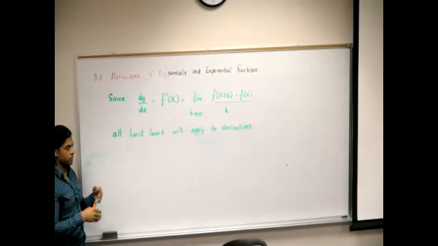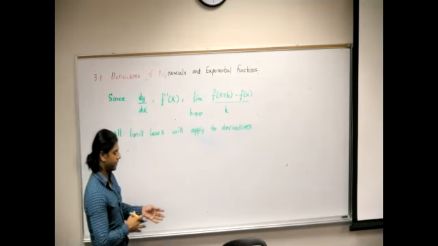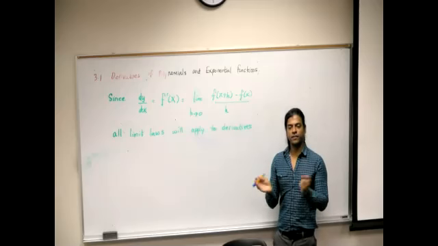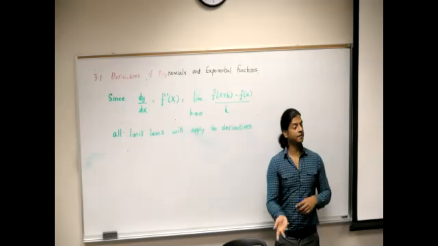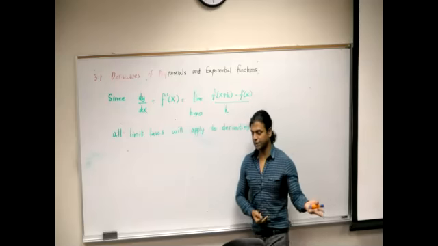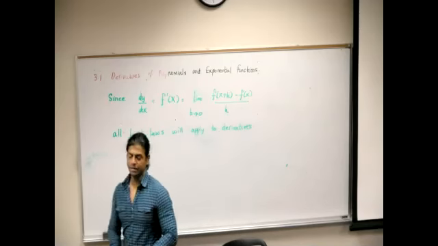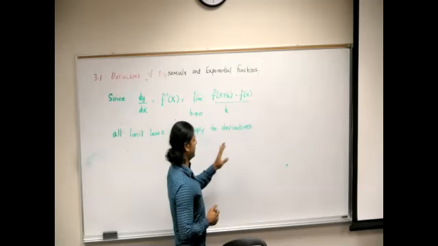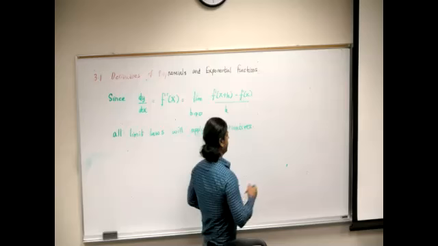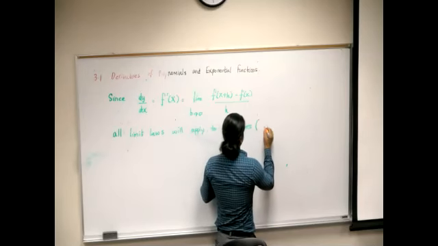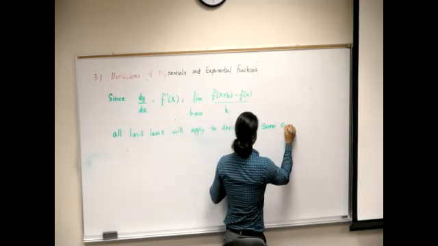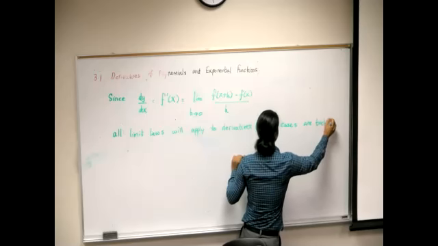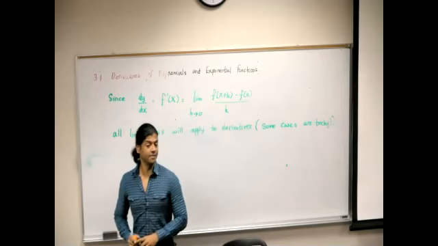When I say all limit laws, what I mean is, if you have two different functions, you add them together. We took the limit of the first function, limit of the second function, added them together to find the limit of the sum of functions. So all limit laws will apply to derivatives, but I do have to mention that some cases are tricky.